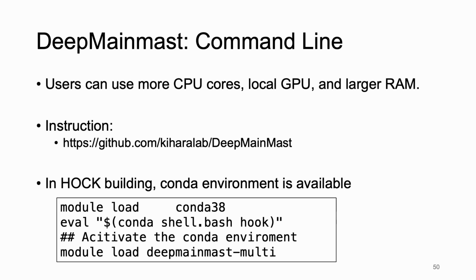If you want to use your local machine, please try module load conda 38, then run this command, then module load DeepMainmast merge. Then download some files with the git pull or git clone command. Then you can run the latest version of DeepMainmast on your machine.